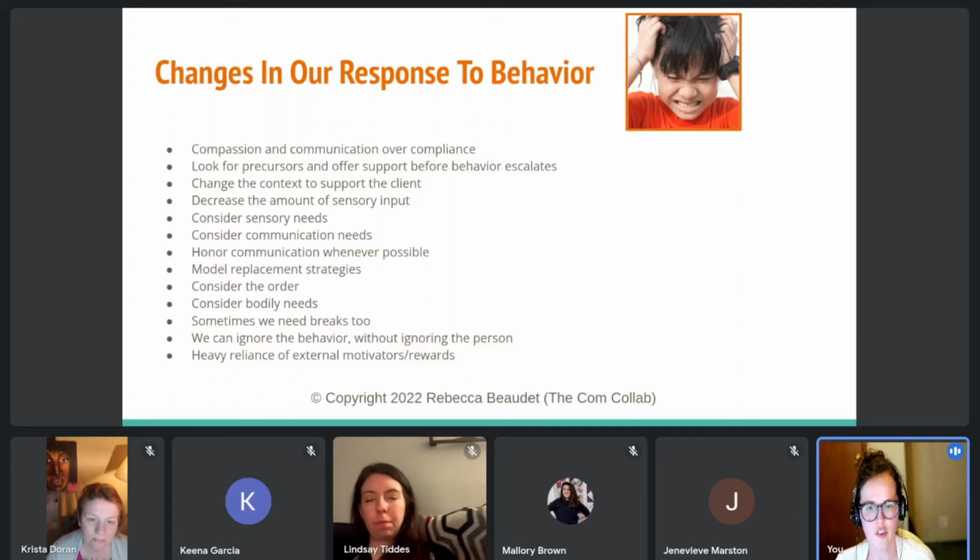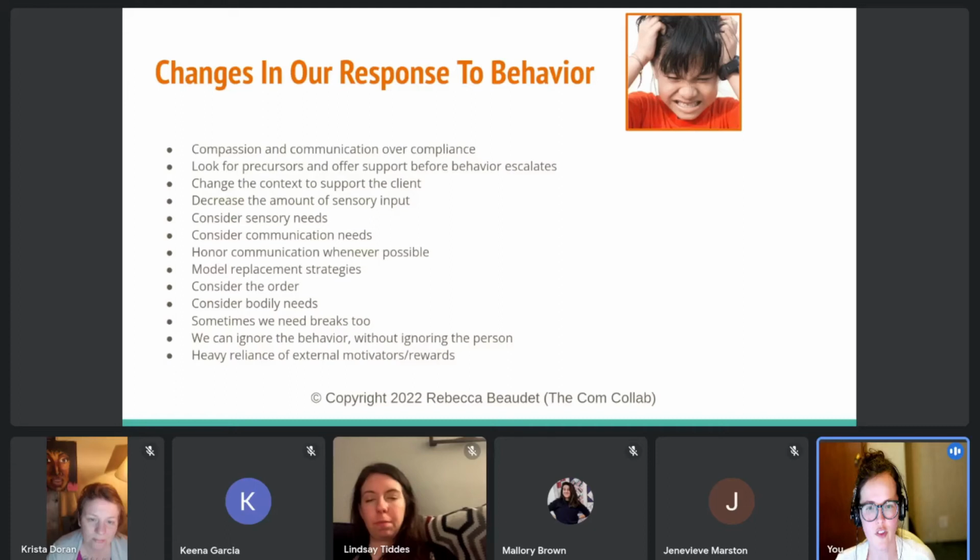And that goes with the next bullet about changing the context. What parts of the environment can we change to support that child or student? Either decreasing and sometimes increasing the sensory input. Consider communication needs. Are they trying to communicate something to us? Is their mode of communication available to them?